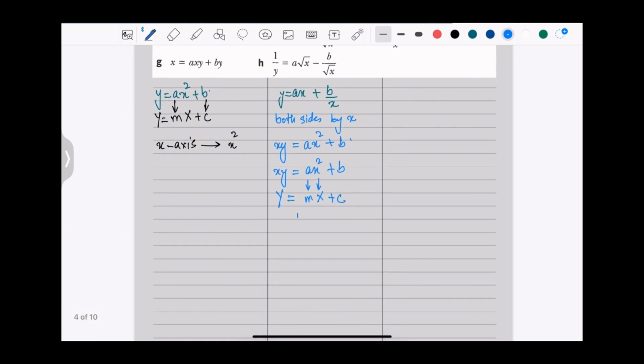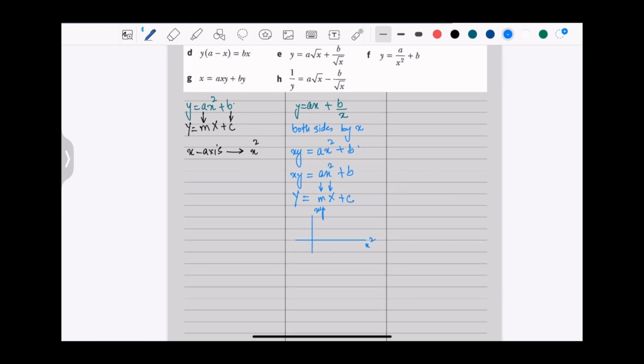So on the y-axis, if you take xy instead of y, and on the x-axis, if you take x squared, you will see a straight line behavior.